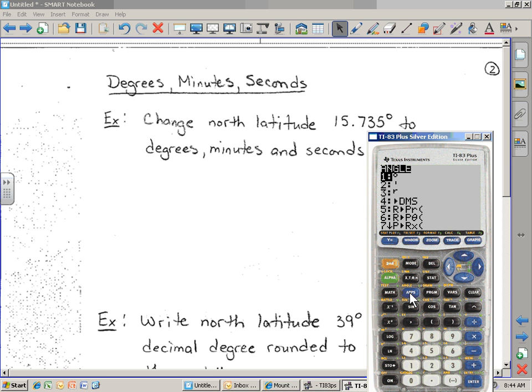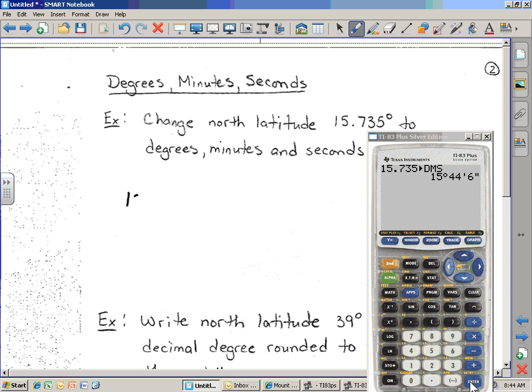You can see number 1 is the degree symbol. 2, that's going to be for minutes when we get to that. 3 represents a radian. 4 is our DMS. Okay, so we're going to go down to number 4 and choose that. So we want to convert this decimal into degrees, minutes, and seconds. We hit enter and we get our answer. 15 degrees, 44 minutes, and 6 seconds.